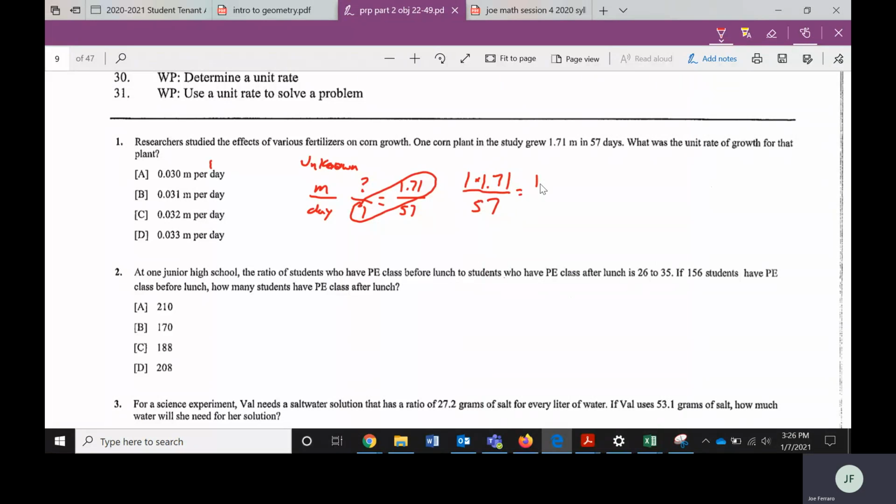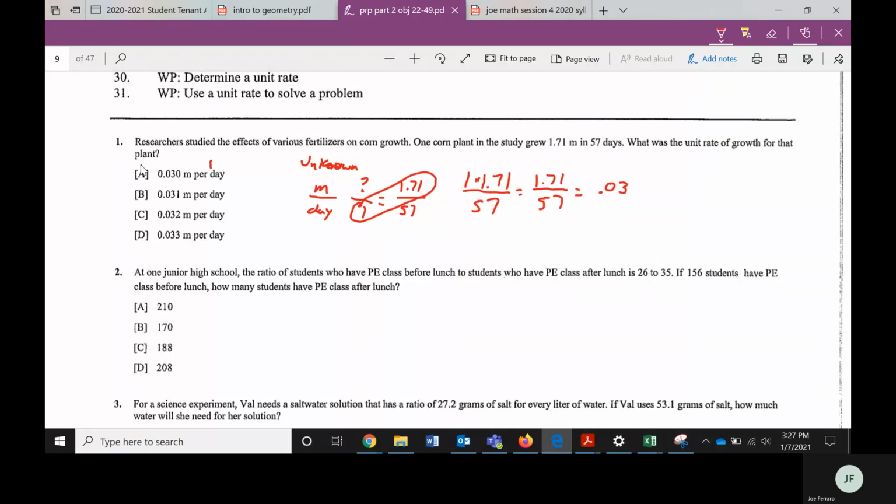Again, the multiplication is easy. 1 times 1.71 is 1.71, and then divide by the other number, which is 57. And you get 0.03.